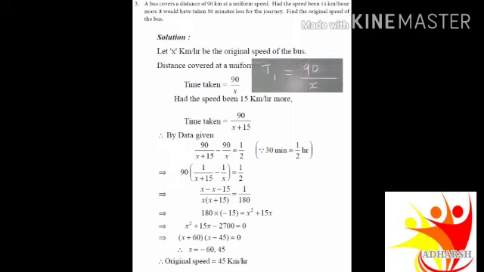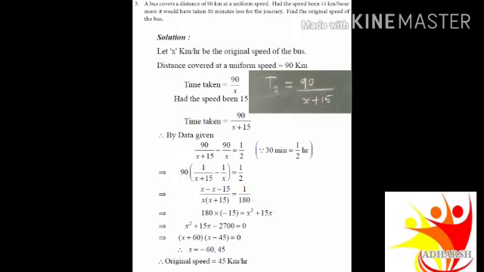Had the speed been increased by 15 km per hour, that is time taken t2, time taken equal to distance 90 divided by speed x plus 15, more than 15, that is x plus 15.